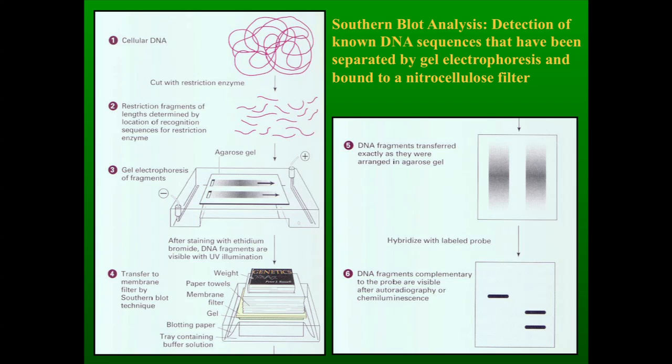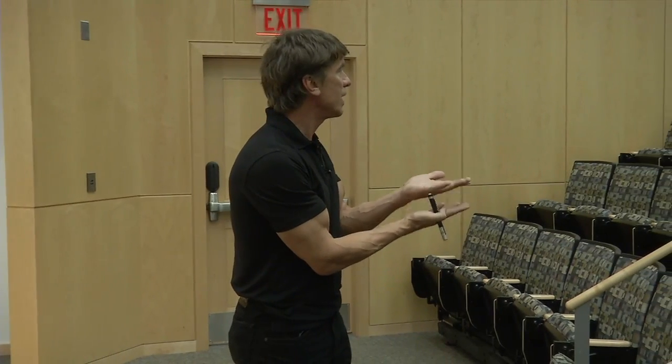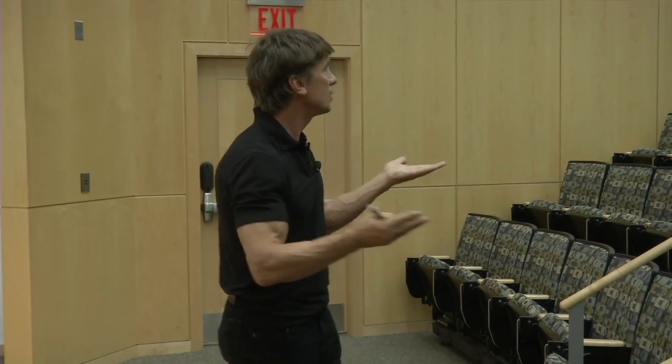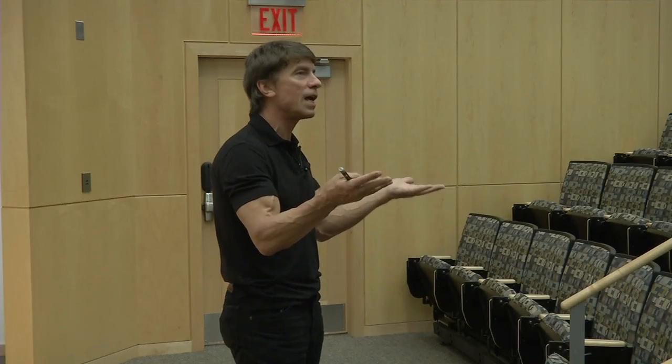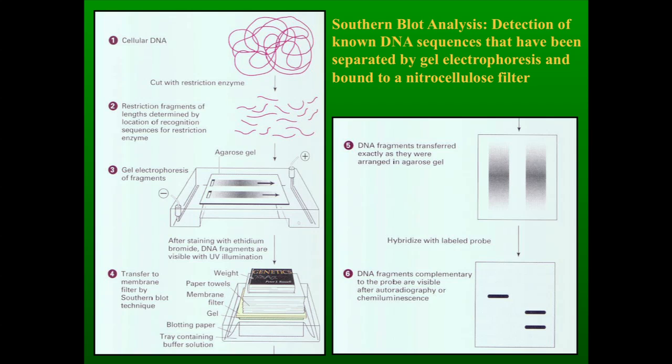And we've already soaked that gel in something that would make it single-stranded, so that the single-stranded DNA now is stuck to the blot. So this is a way of transferring all of the DNA from the gel onto the blot. That'll take overnight. We leave that overnight, go home, watch a movie or something, and we come back. And now if I want to find his gene for his hemoglobin, presumably it is somewhere in that smear that is now on the nitrocellulose.